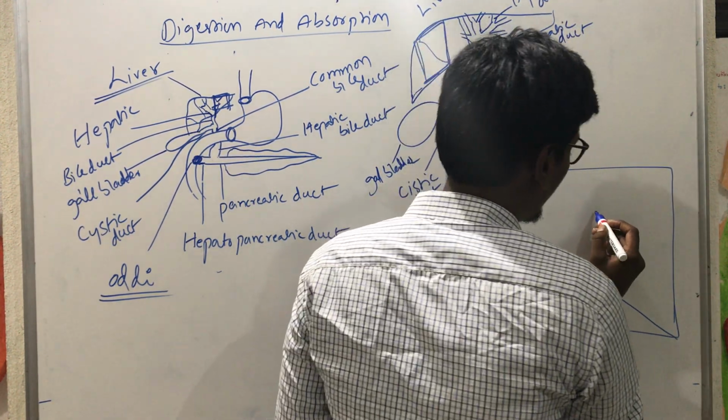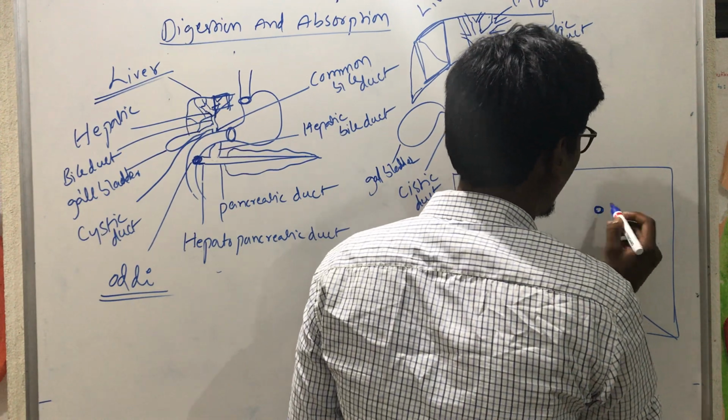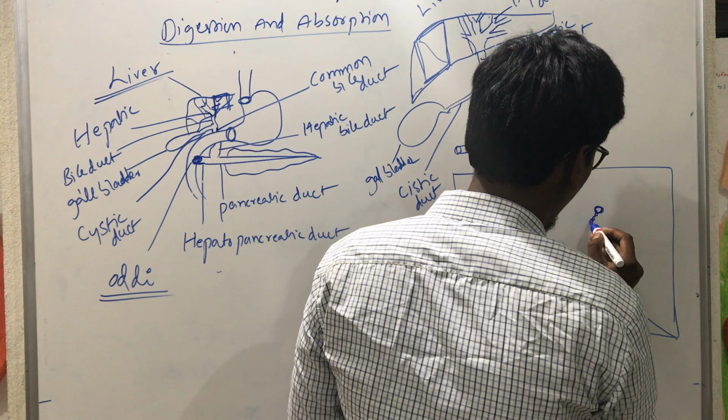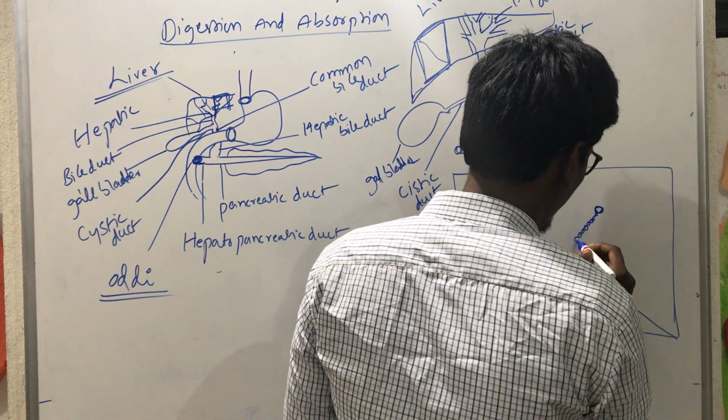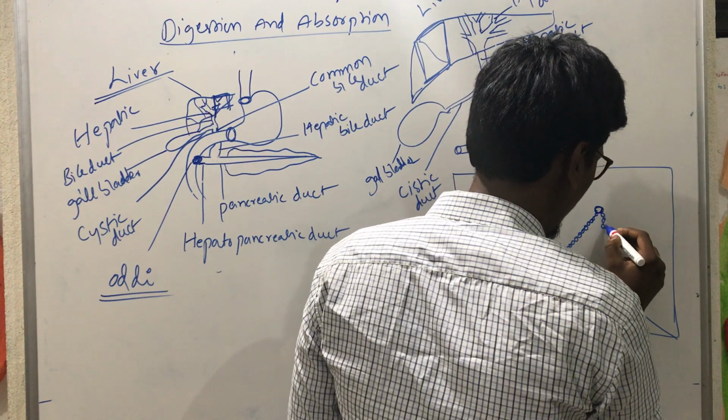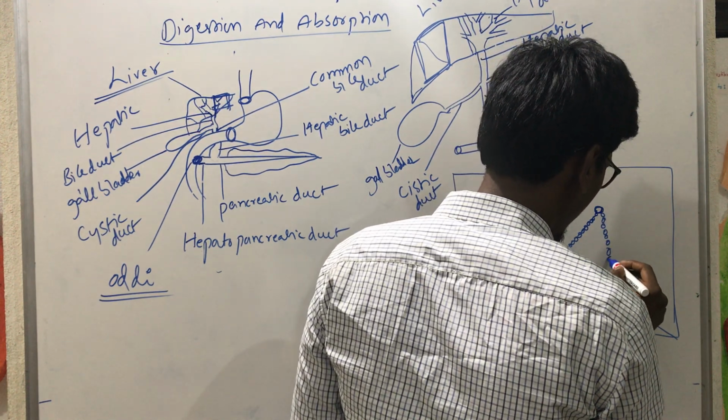Centrally placed is the central vein, or radial vein. It is releasing in a ring, like a ring.